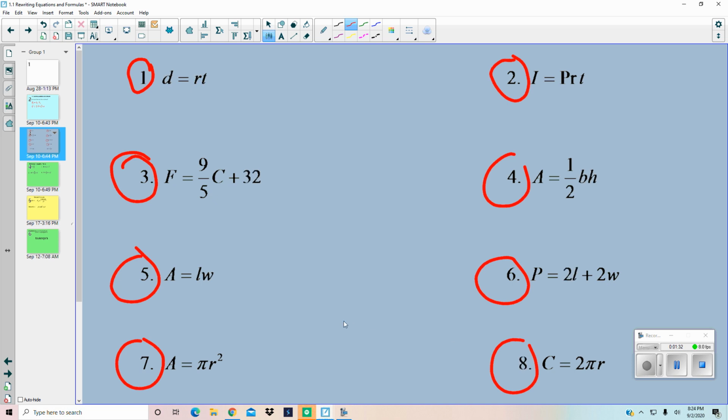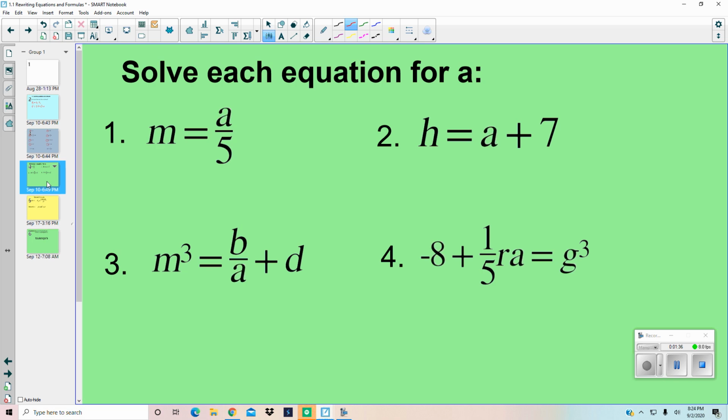So the first part of the assignment, you're just going to have equations. Not actual formulas, but just equations where you're going to be solving for one part. When we look at number 1, and you're asked to solve for A, it means I have to get rid of that 5 on the right side.